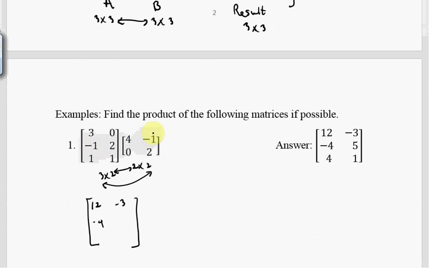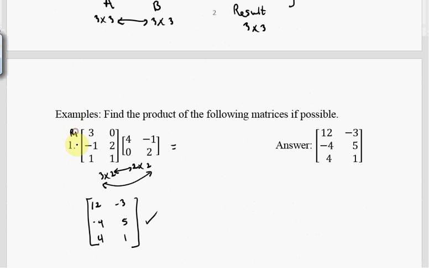Then row 2, column 2. 1 plus 4 is 5. And then now down here, for this position, this is row 3, column 1. So this is 1 times 4 is 4, plus 0 is 4. And then row 3, column 2. Negative 1 plus 2 is just 1. Now, just make sure you got it.